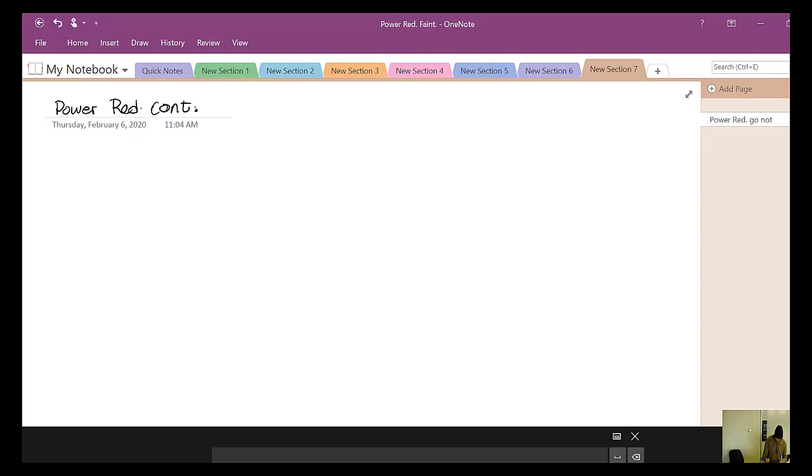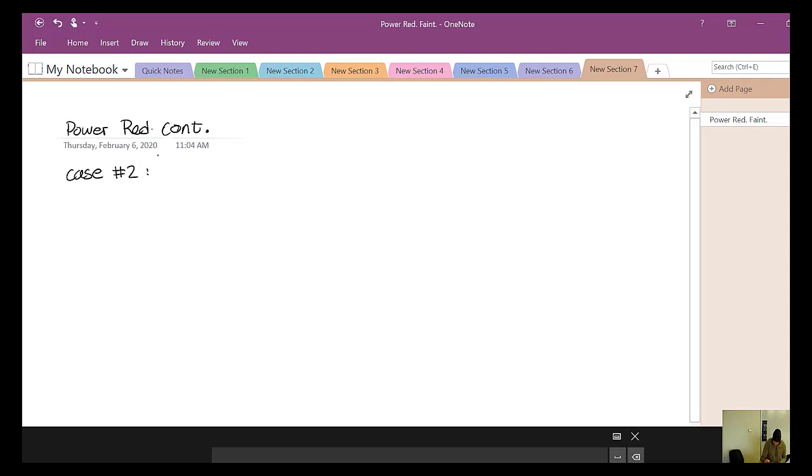So the previous case was when both are even powers. In this case, let's say we're dealing with an integral where both powers of sine and cosine are odd.